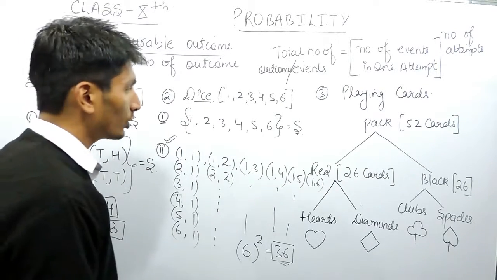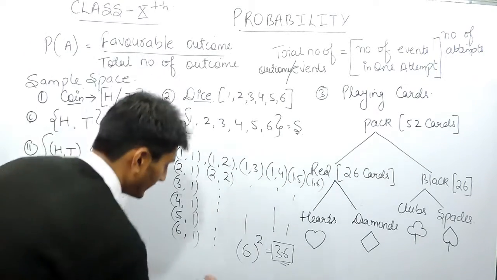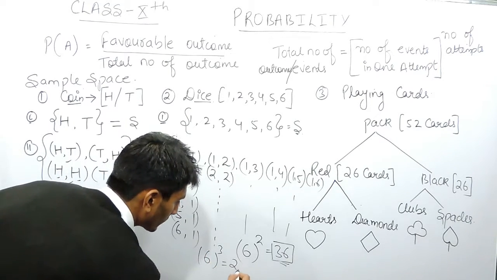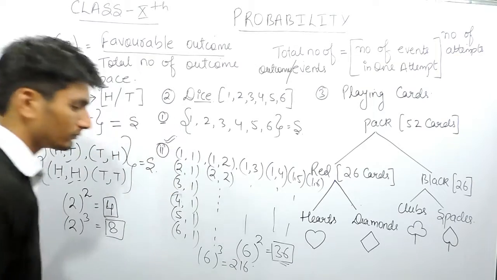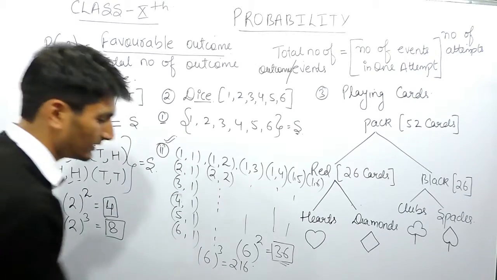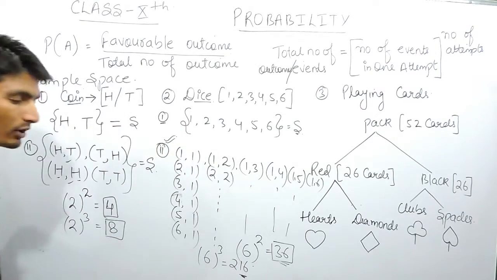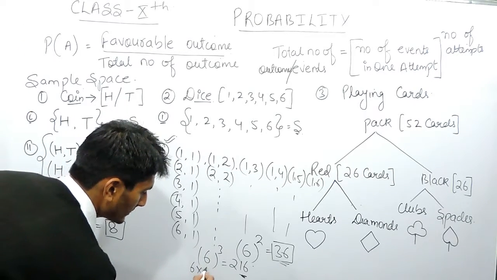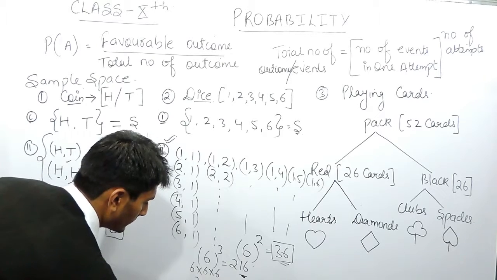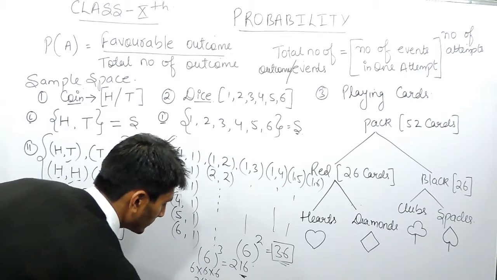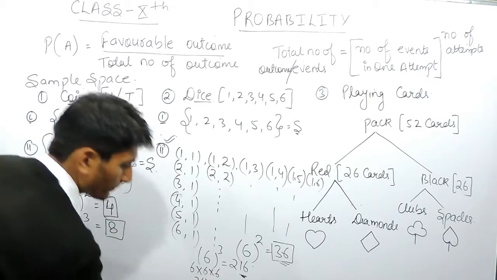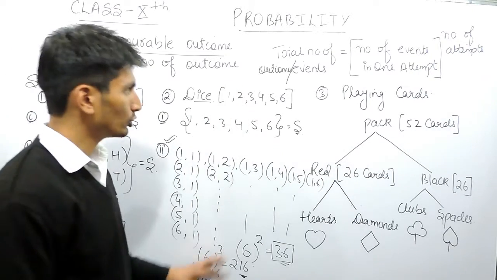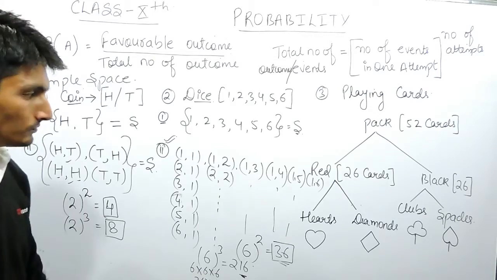Now if you are rolling 3 dice, in that case 6 raised to power 3, which is equal to 216. So this is 6 multiplied by 6 multiplied by 6, 36 into 6, which is equal to 216. So this is how you can find the total number of events.